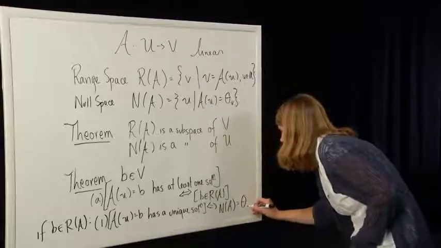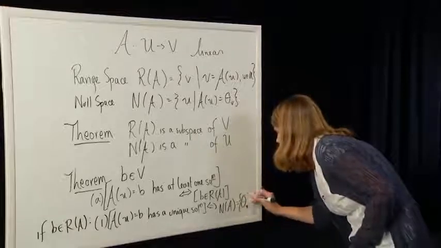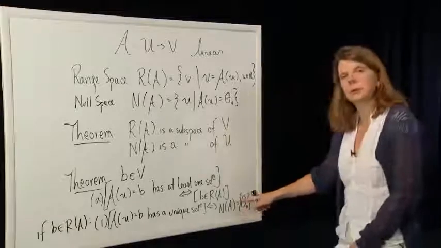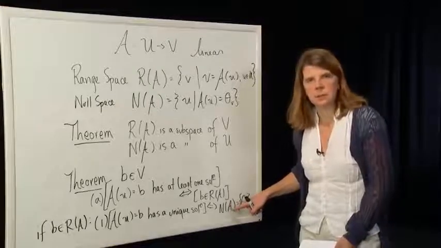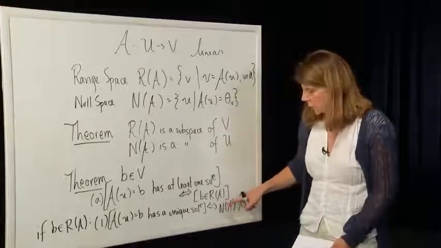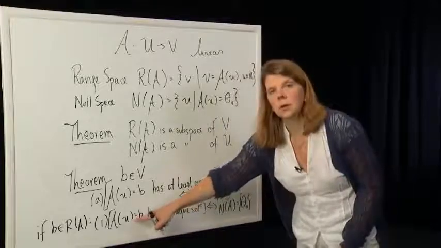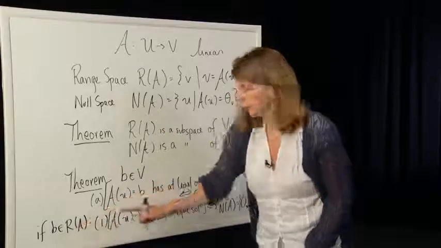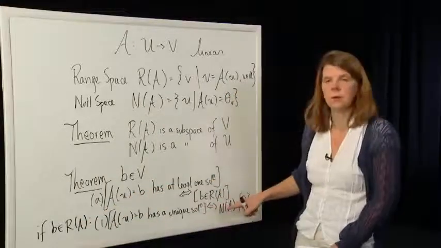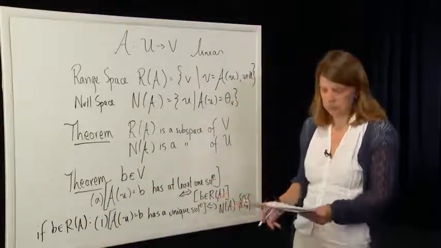We write that as the zero vector in U, and because it's a set, we'll put curly brackets around it. What this means is that the only thing in the null space is the zero vector. If that's true, then this linear equation has a unique solution given that B is in the range of A, and vice versa. This is a very strong property, and it's very important.